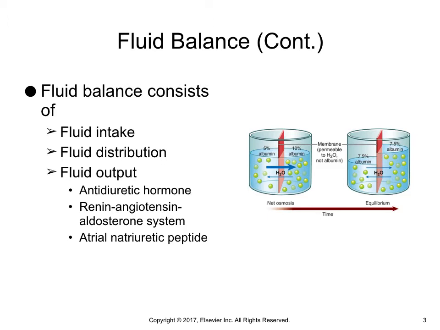The term fluid distribution means the movement of fluid among its various compartments. Fluid distribution between the extracellular and intracellular compartments occurs by osmosis. Fluid distribution between the vascular and interstitial portions of the extracellular fluid, or ECF, occurs by filtration, shown as Figure 42-3. Osmosis moves water through a semipermeable membrane.